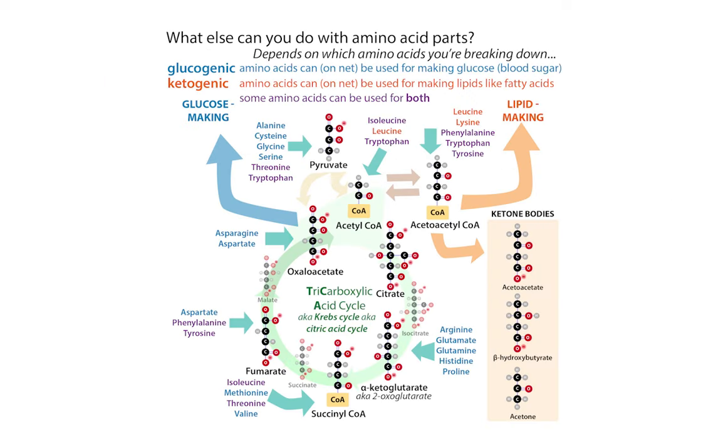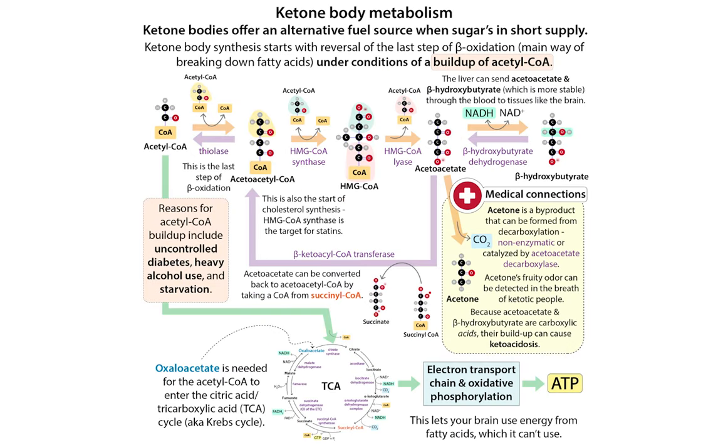And since you take 2 carbons out each turn of the cycle, you're going to need to put in more than 2 carbons. And if you are only making acetyl-CoA or acetoacetate or one of those ketone bodies, you can use those to make fats, and you can use them to make ketone bodies, so we call those ketogenic, but you're not going to be able to use those sustainably to make glucose.